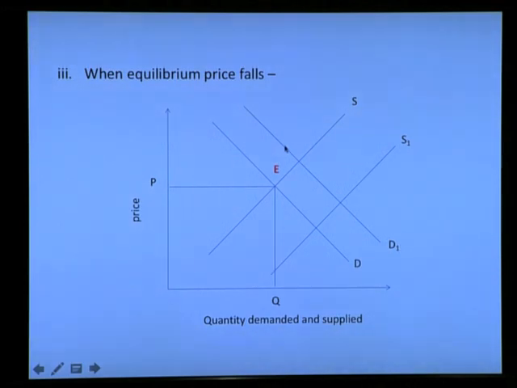When both demand and supply increase simultaneously, the equilibrium quantity would obviously increase. Here the equilibrium price has decreased. Again, the reason is the extent of increase in demand and supply. In this case, the increase in supply is more than the increase in demand. That is why the equilibrium price has decreased in the last case.